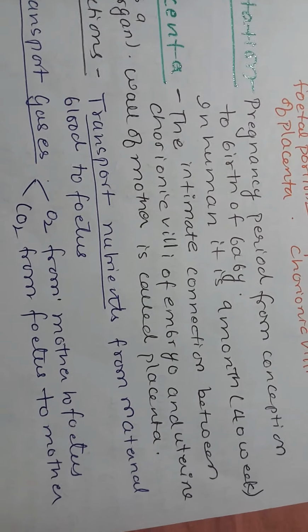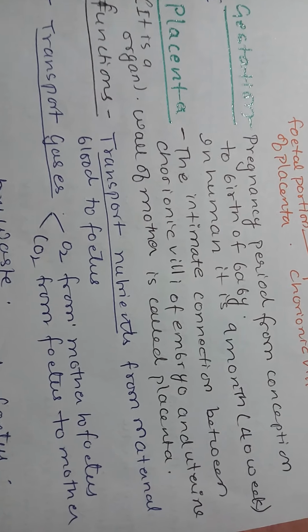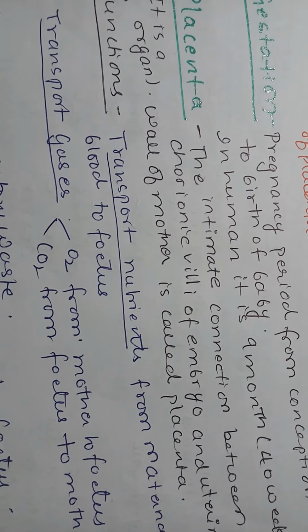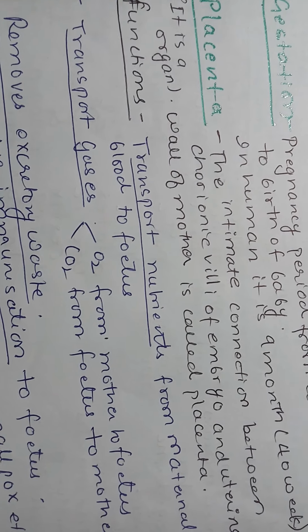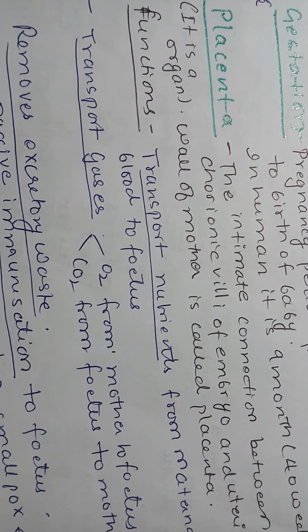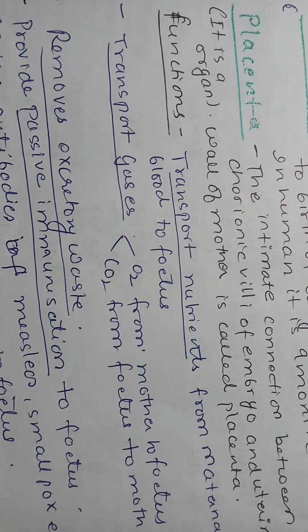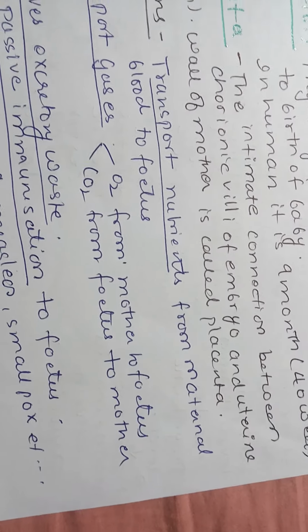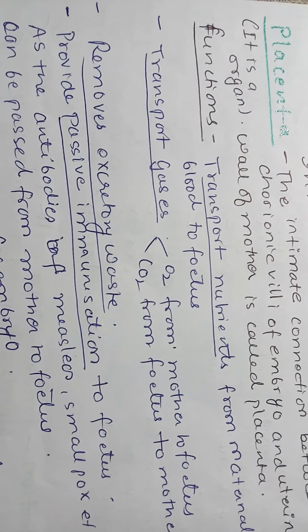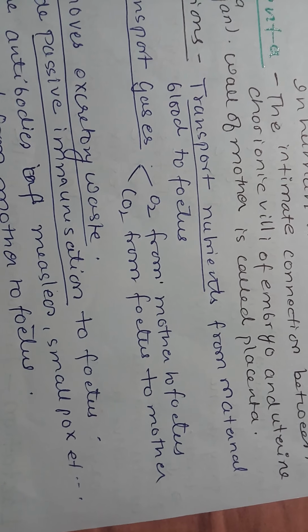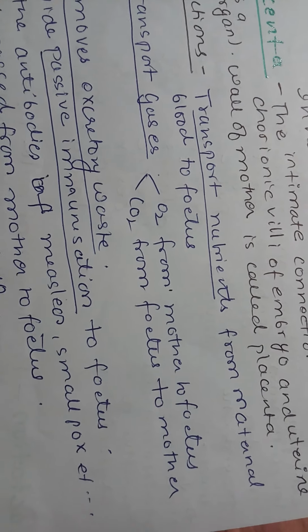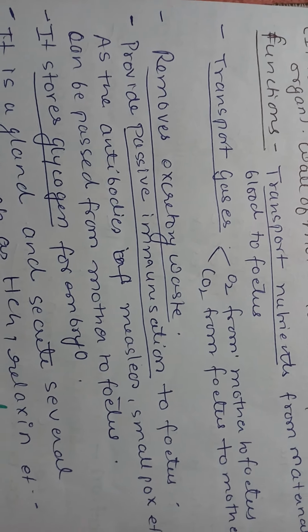Now the placenta is the intimate connection between the chorionic villi of the embryo and the uterine wall of the mother. So this connection is called the placenta. It is called an organ, and its function is transportation of nutrients from mother to fetus, and transport of gases: oxygen from mother to fetus, and carbon dioxide from fetus to mother.